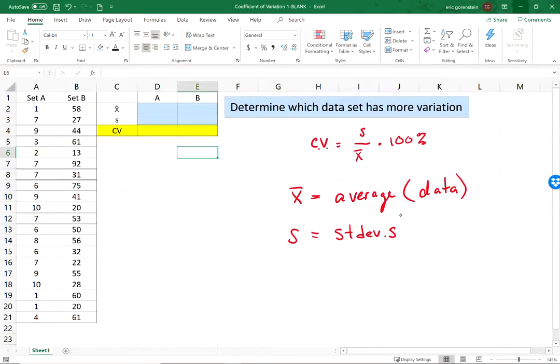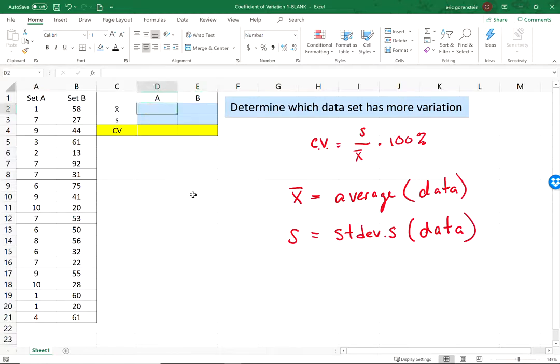And remember, if you're using a calculator, the formulas for sample standard deviation and population standard deviation are slightly different. So we want to make sure in Excel we're using the sample version of the standard deviation, and then in parentheses the location of our data. Once we have those two numbers, we can divide them, and that will give us the coefficient of variation.